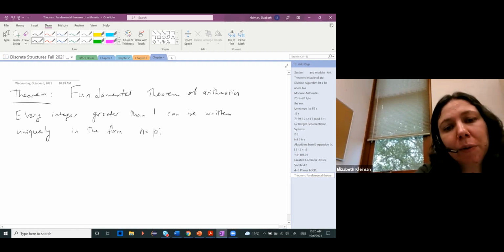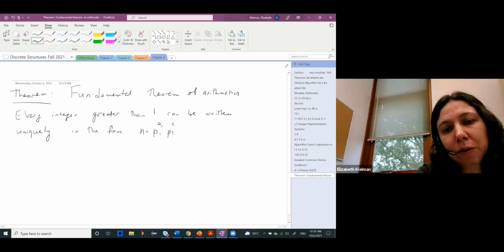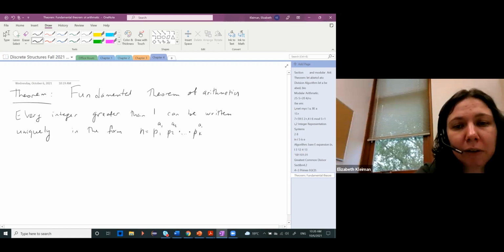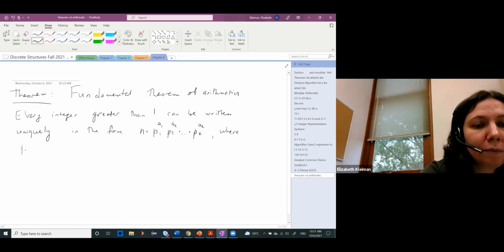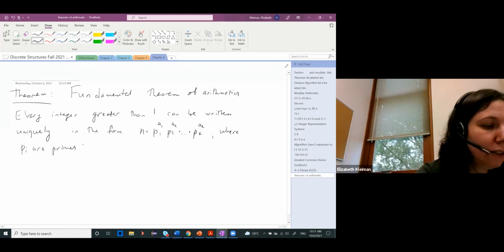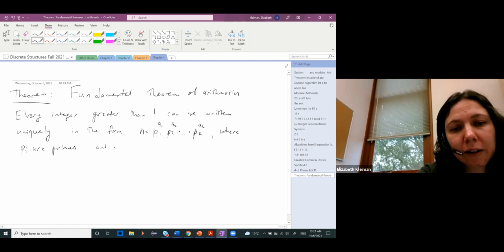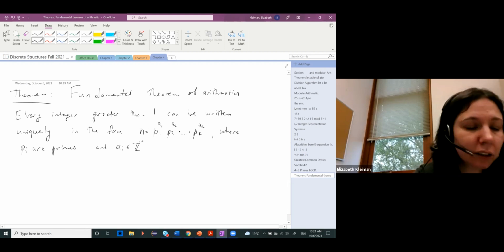n equal to p1 to the power a1, p2 to the power a2, multiply through pk to the power ak, where the pi's are primes and the ai's also belong to positive integers.